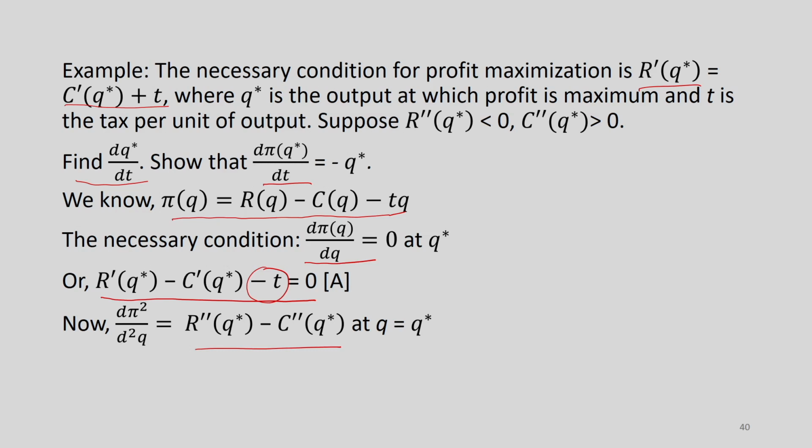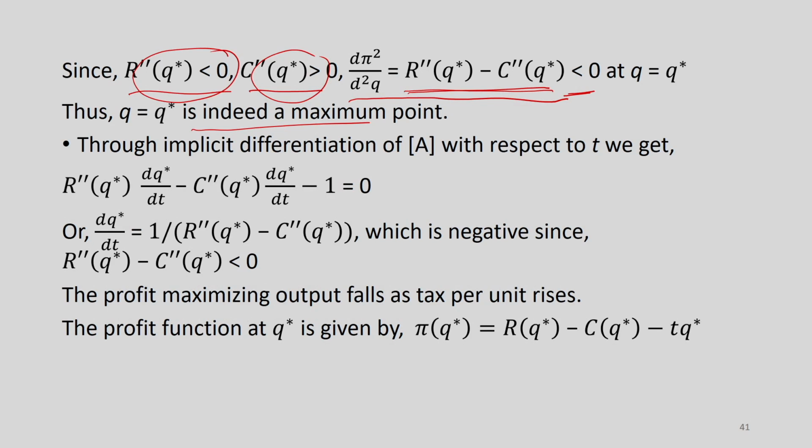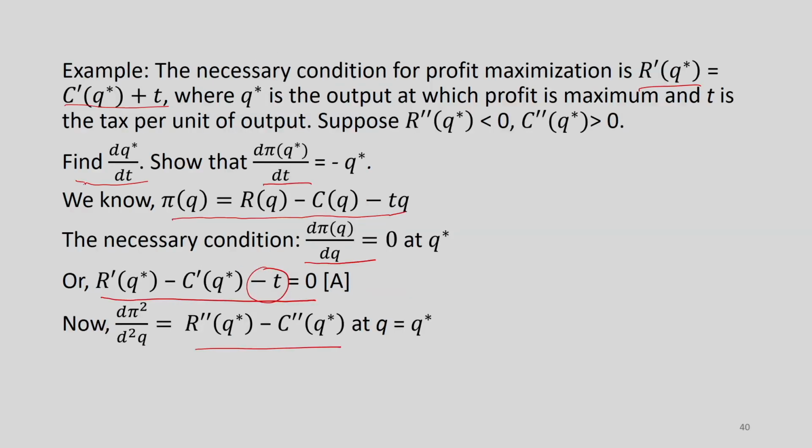So, in short, we started with the assumption that q star is the maximum point, and we have used the condition which is given, and we have shown that indeed q equal to q star is a local maximum point. Now, we have to find out dq star dt. How do we find that out?